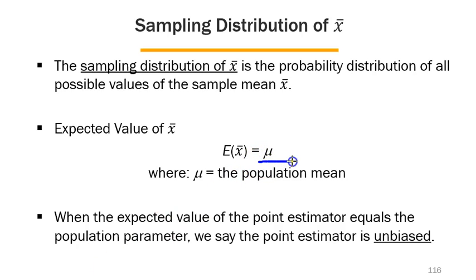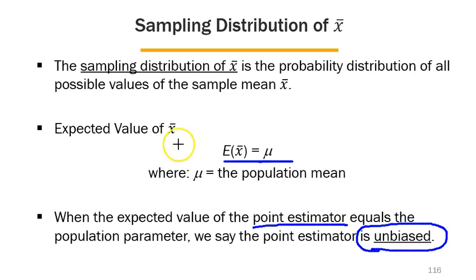That is the population mean. Now, if the expected value of x bar is mu, and x bar is the point estimator, then we say that the point estimator is unbiased. It is possible to have a point estimator for which the expected value is not the same as the population parameter.